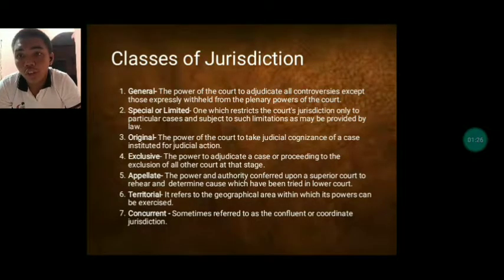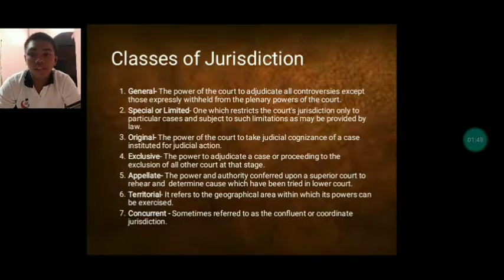Next is the original. It is the power of the court to take judicial cognizance of a case instituted for judicial action for the first time under the conditions provided by law.